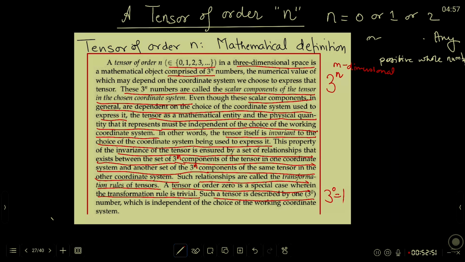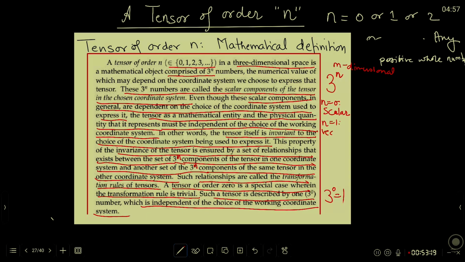Alright, so if you have a tensor of order 0, that is called a scalar. If you have a tensor of order 1, we have a special name, vector. If tensor is of order more than or equal to 2, we just call them tensor of order n.